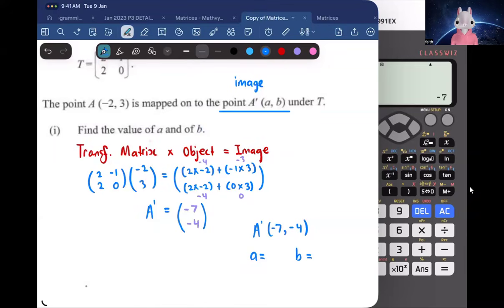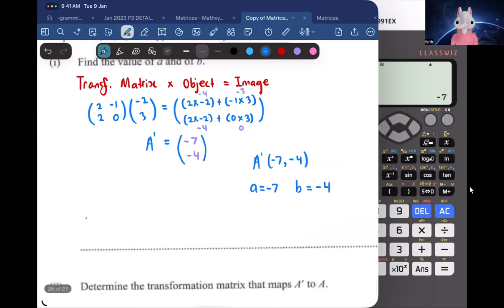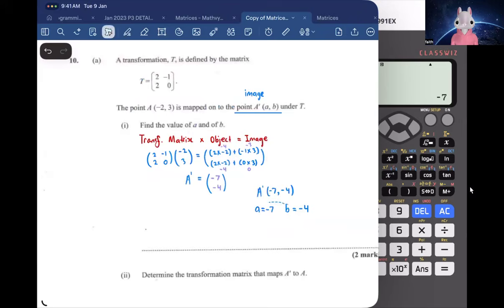Negative 7. Right, a is -7, and what would b be equal to? Negative 4. Right. Those are the answers. So anytime they ask you for A prime, B prime, C prime, whatever the case is, they are talking about the image. And to find the image, you multiply the transformation matrix by the object, and that will give you the image. Right? Cool.